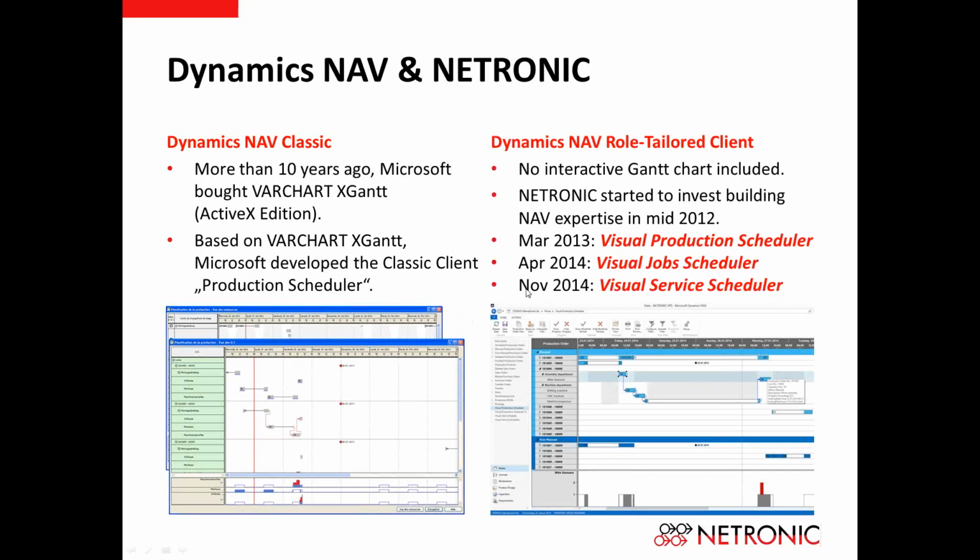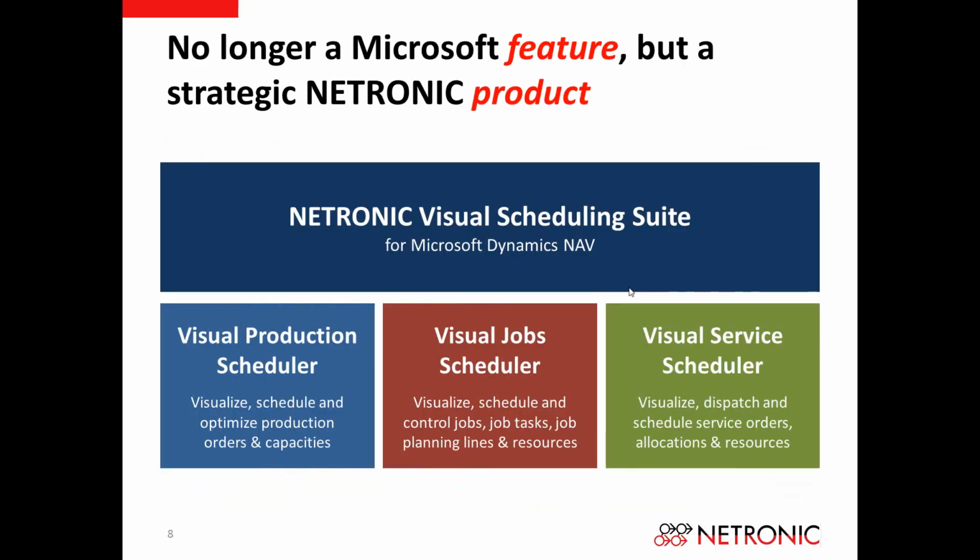Towards the end of the year, we launched a third product, the Visual Service Scheduler, which I will talk about in a month from now. So what had been a Microsoft feature in the classic client just for production has now become a strategic product family for a small German company.